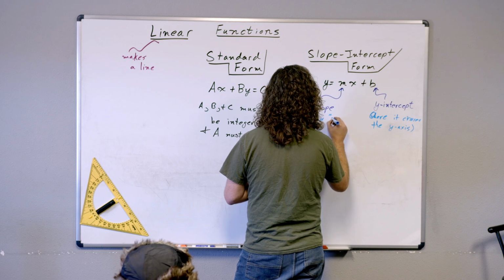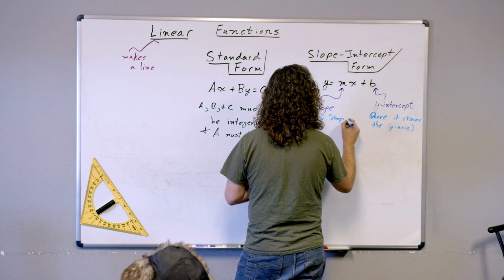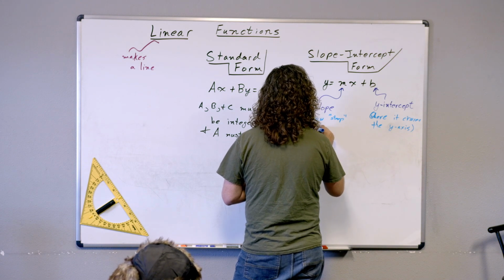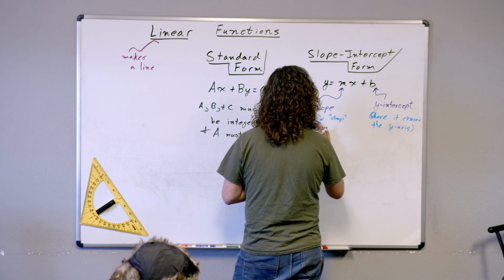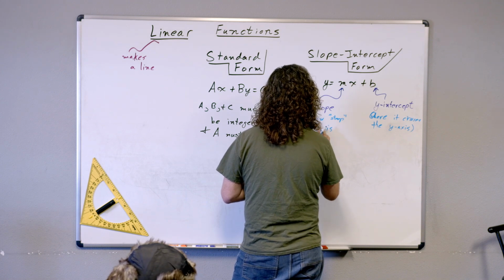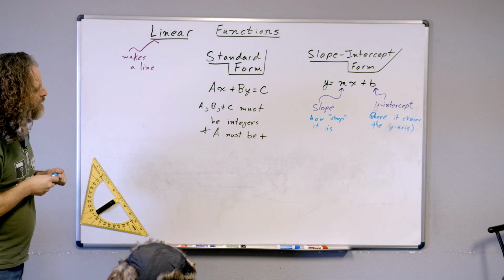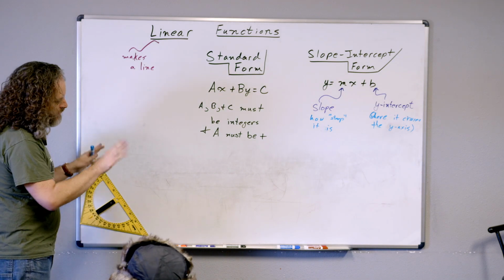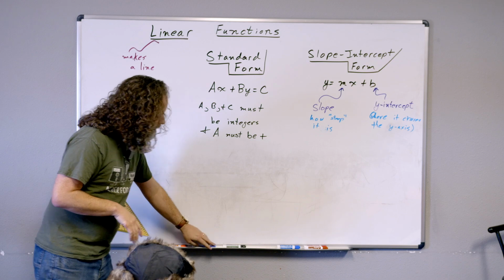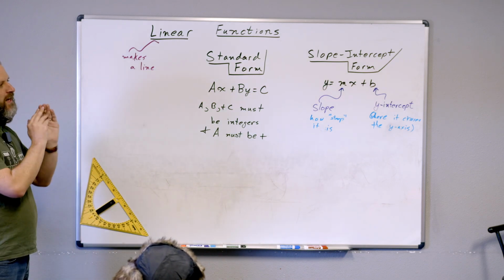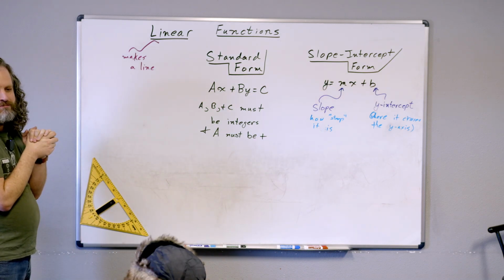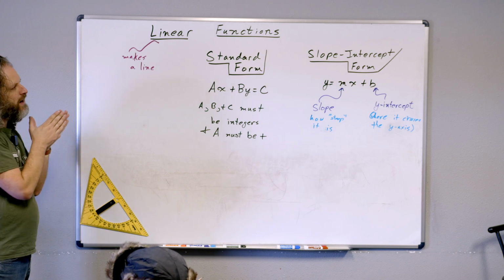How steep it is. It's got other names like rate of change and whatever else, which we'll learn, but for the sake of discussion right now, that's what the slope is. Make sense so far? Everybody got this copied down?